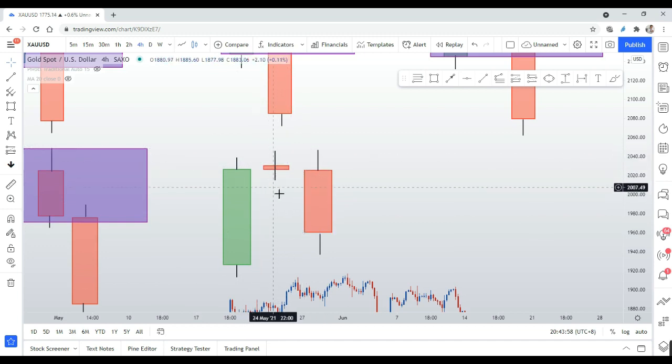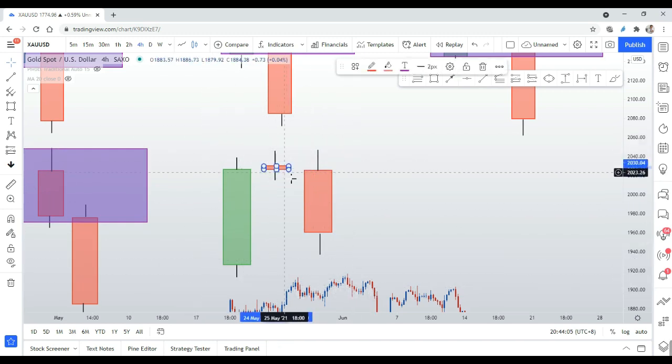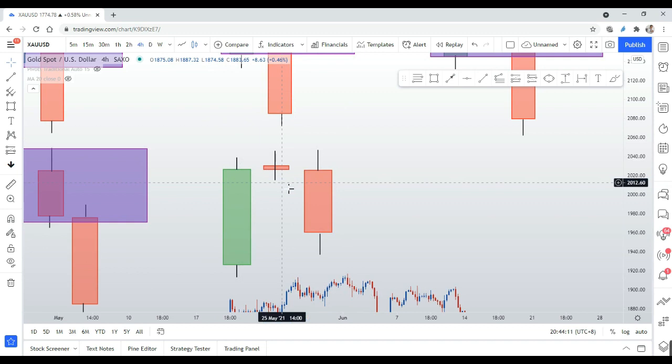Now, the question I usually get about this pattern is, is it important if this is blue or green, a bullish spinning top? It does not matter. If it's green or red, it's the same, because this is the rally base drop.